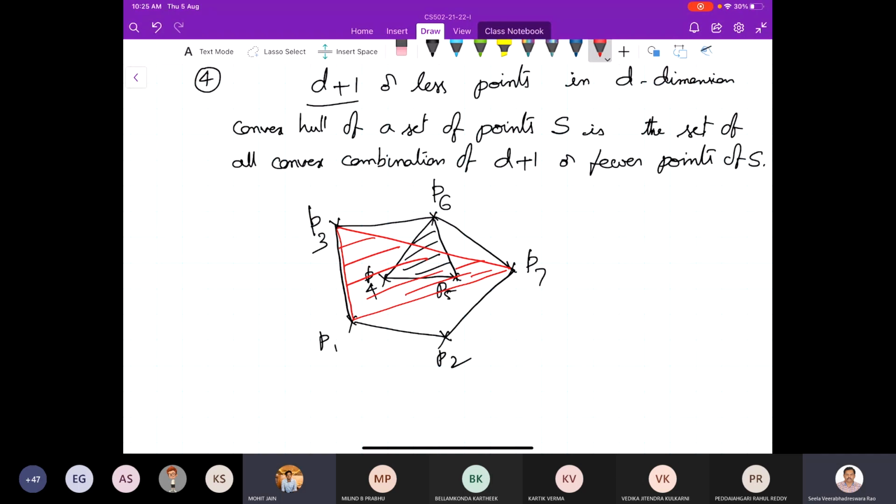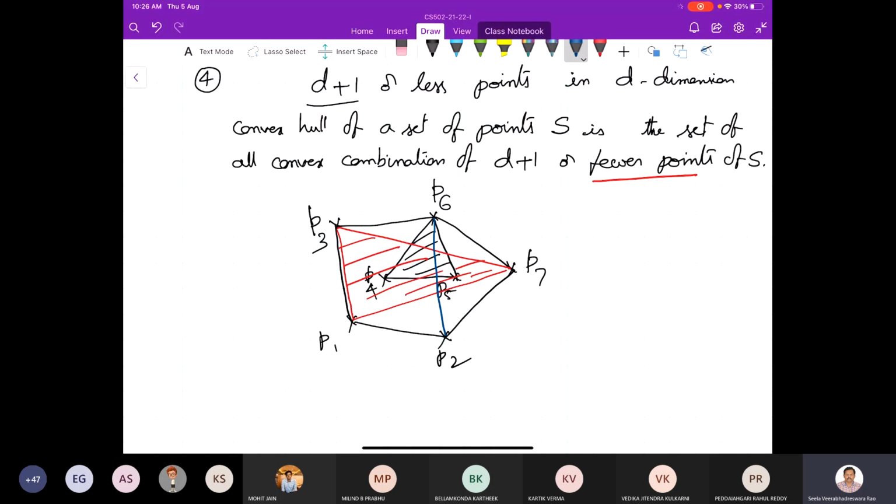Any questions here? So here we can take fewer points also. What does it mean by fewer points? Suppose you take say 2 points, let's say P2 and P6. All convex combinations of these 2 points is nothing but all the points within this line segment.